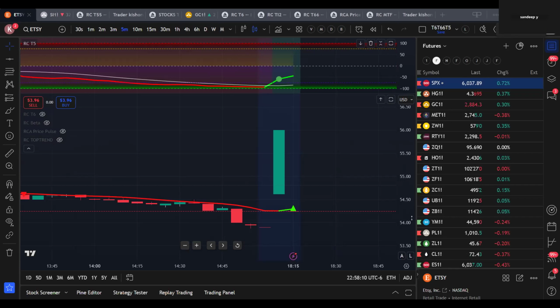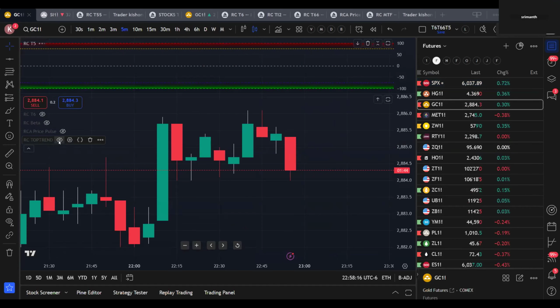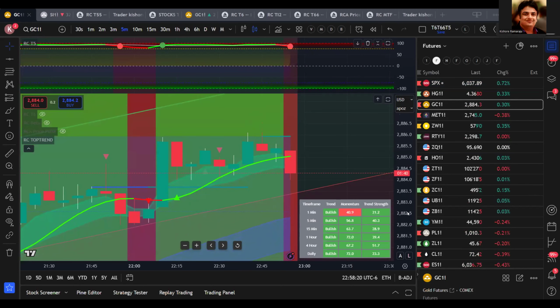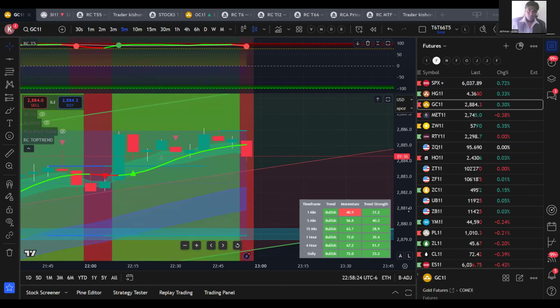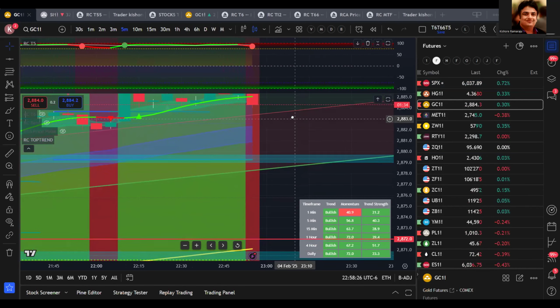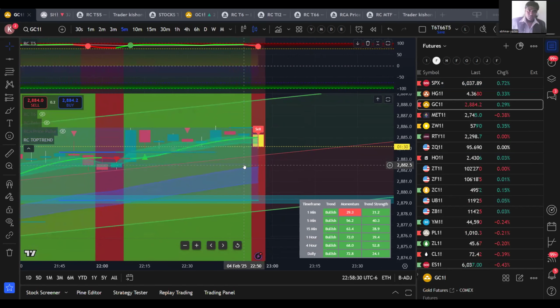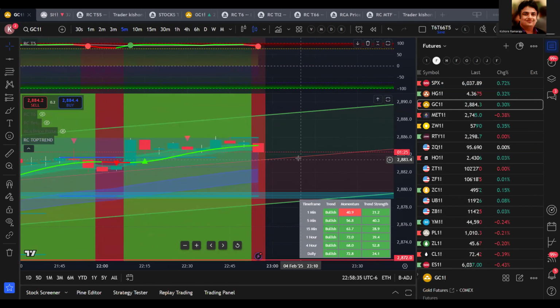Okay. Is gold right now in RRR in the Top Trend? Yeah, I think if we get a sell, but your cloud is green. Your table is also very green.